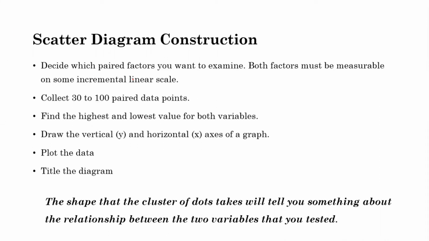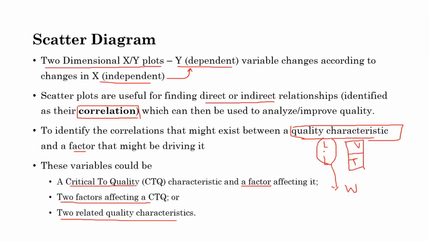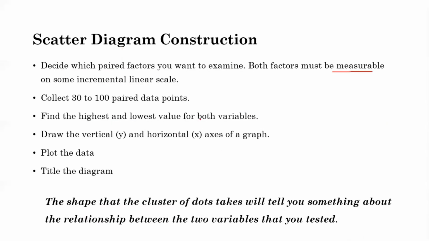Decide which paired factors you want to examine, which are the two variables that you want to study, and make sure that they are measurable. ለምሳሌ length እና smell ብትሉ compare ልታደርጓቸው because you cannot really measure smell. That is very important.